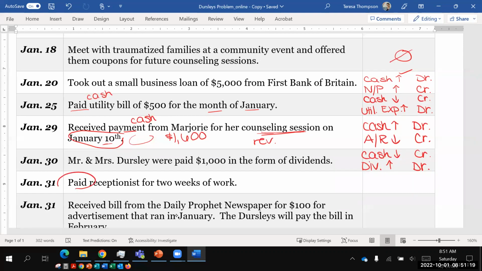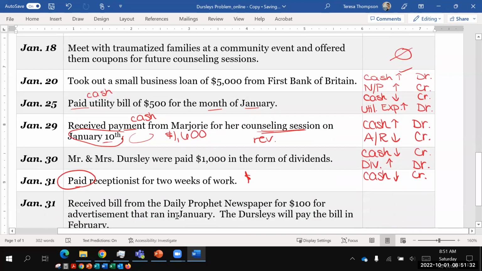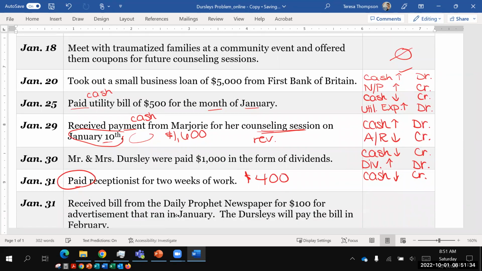Here we pay the receptionist. So we definitely need to record that. Cash goes down, which is a credit. Doesn't give you an amount, but we can refer back to the 15th when they told us it's $400 every 2 weeks. This is 2 weeks later. So $400 is paid out. It's for our employee. So it's going to be like wages expense or salaries expense, probably.